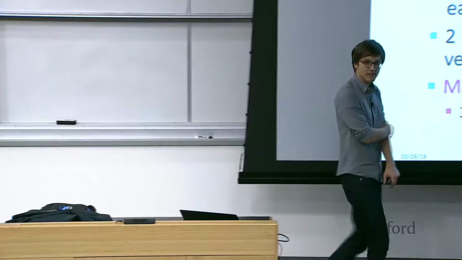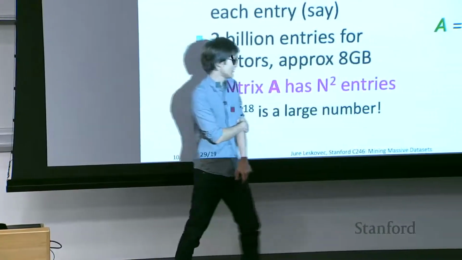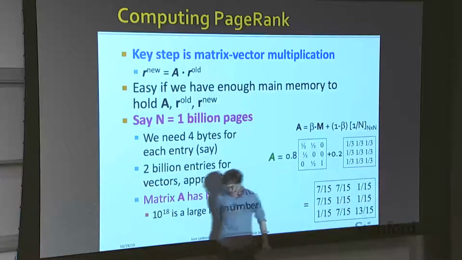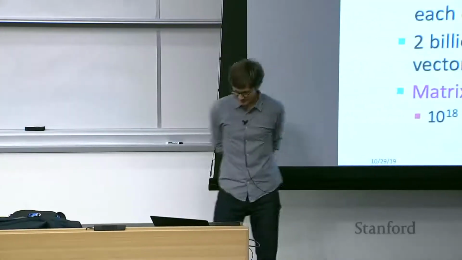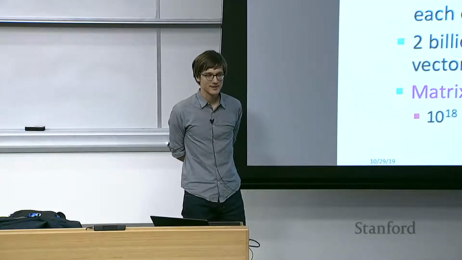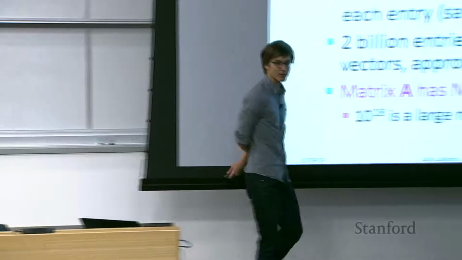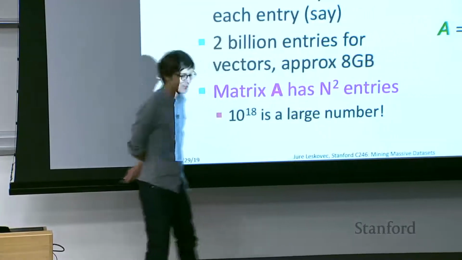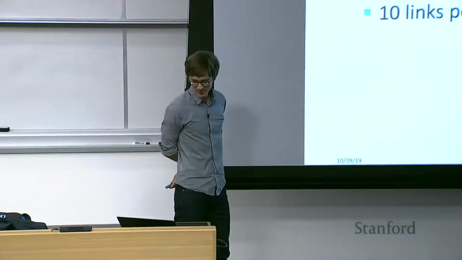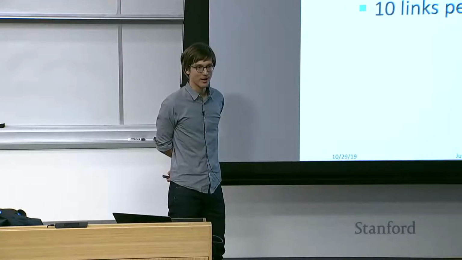It's 10 to the 7 times 10 to the 9. So it's a lot. I cannot do that. It would be 10 million gigabytes. That's about how much memory I would need. That's a lot. Maybe that's more memory than exists on the whole planet.